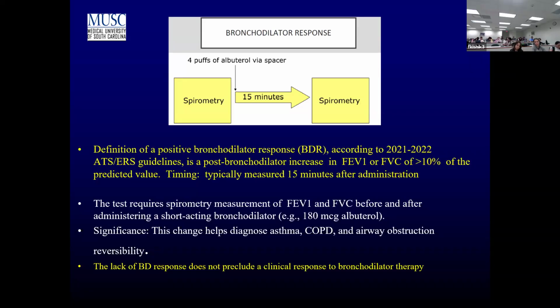If the measurements increased by 10% of the value, the patient has a bronchodilator response. Essentially, we're looking at a 10% improvement in the vital capacity or FEV1. We haven't defined FEV1 yet, just hold on.